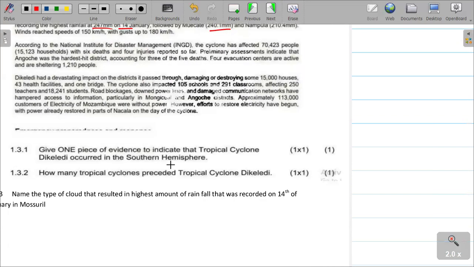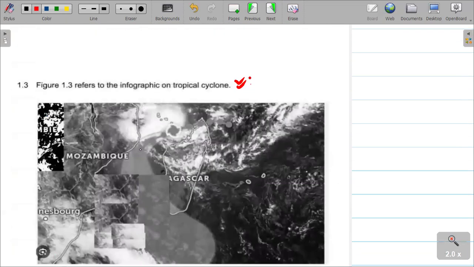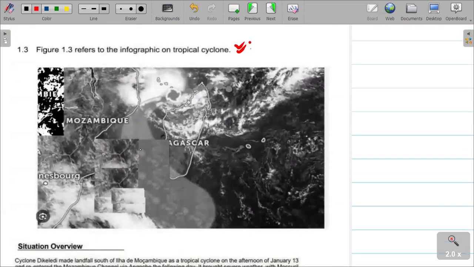So I want us to go to the question: give one piece of evidence that indicates that tropical cyclone Dikeledi occurred in the southern hemisphere. What tells us that the cyclone occurred in the southern hemisphere? How can we tell? If you check here, we are talking about Mozambique.